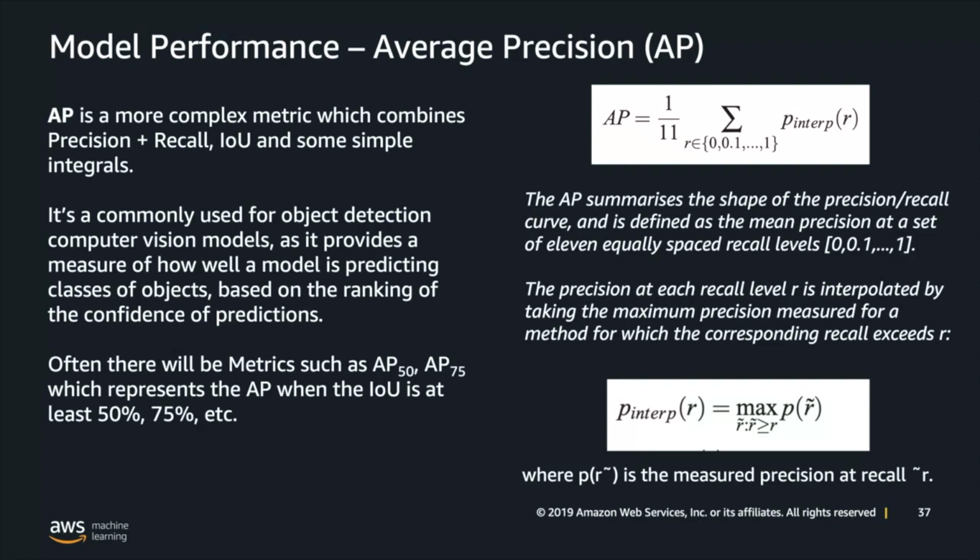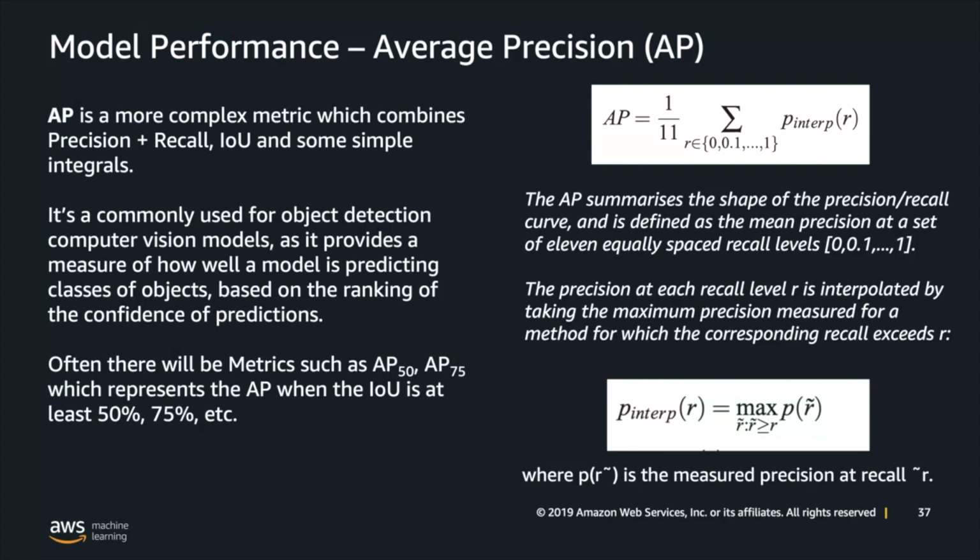Those recall levels in this case are a set between 0 and 1, but it doesn't have to be that. It can be a different spacing and different intervals, but that's dependent on the type of test you're trying to run. And when we calculate AP, we probably calculate it at different points where the intersect occurs.